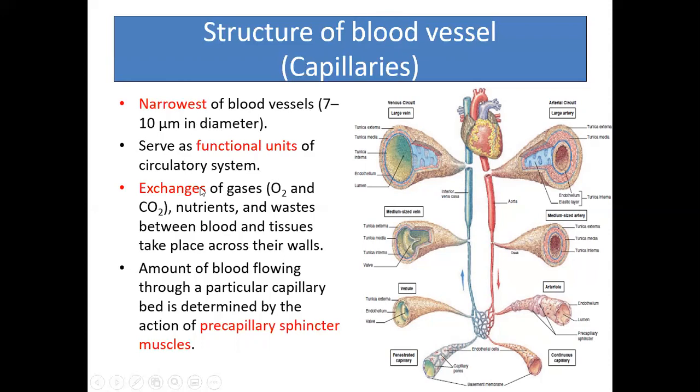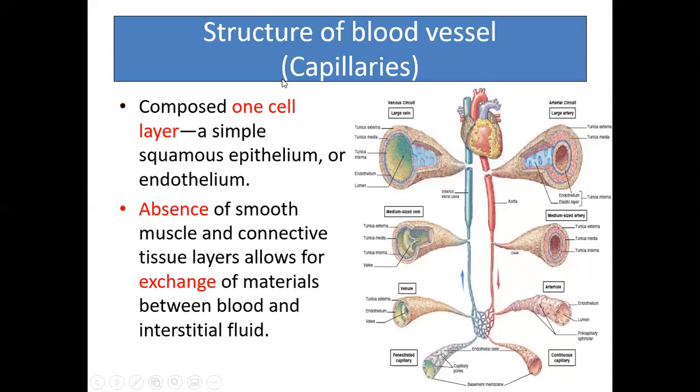Not only gases, but also the exchange of nutrients and waste products happens between the blood and the tissue, across the capillary wall. That's why the capillary wall is very thin, and the amount of blood flowing through the capillary bed is determined by the precapillary sphincter muscles. So this is the description of the capillary.